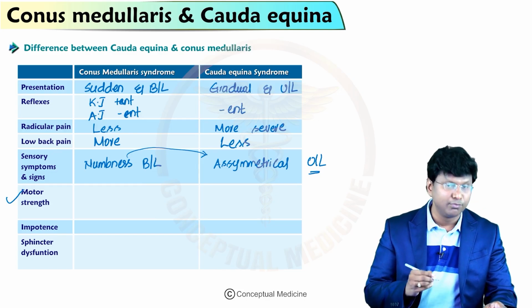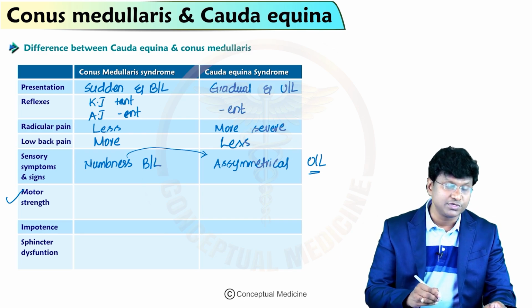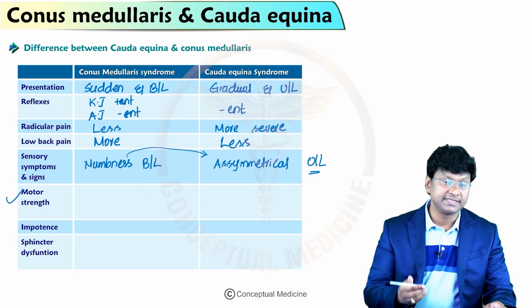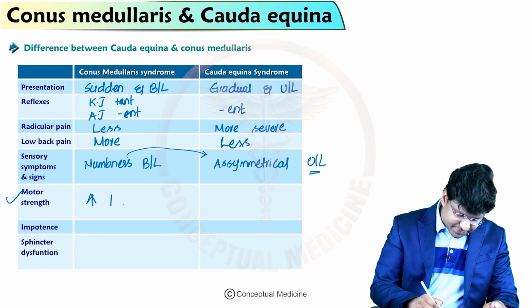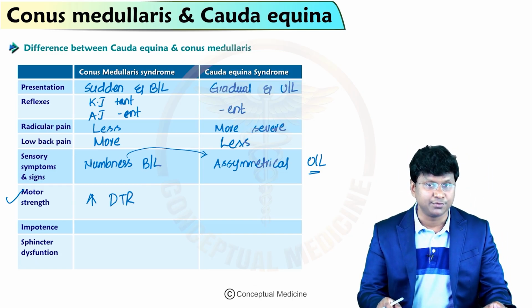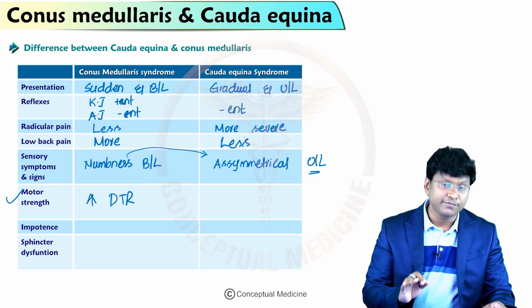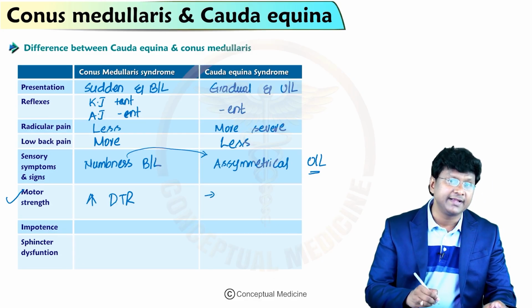And what about the motor strength? In case of conus medullaris, you have hyper reflexes. There is increased deep tendon reflexes. Why is that? That is mainly because of the involvement of the upper motor neuron, right? Whereas in case of cauda equina, it is nerve root, which is a lower motor neuron, and that too unilateral involvement.